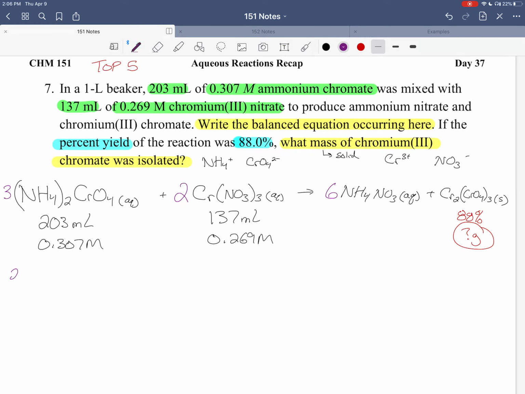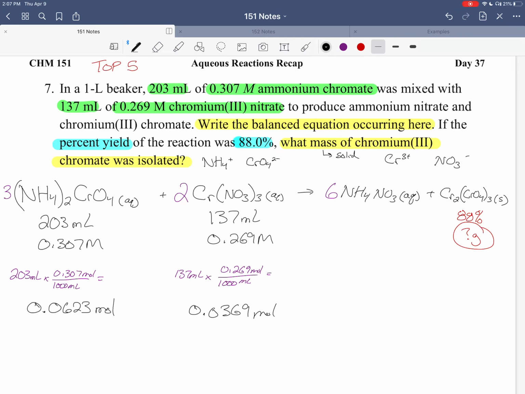So we're going to take 203 milliliters times, for every 1,000 milliliters, 0.307 moles of ammonium chromate. And for 137 milliliters, for every 1,000 milliliters, 0.269 moles. If we do the math, I get 0.0623 moles of ammonium chromate and 0.0369 moles of chromium 3 nitrate.